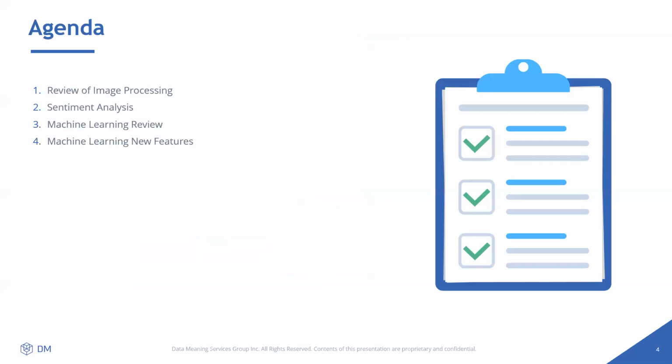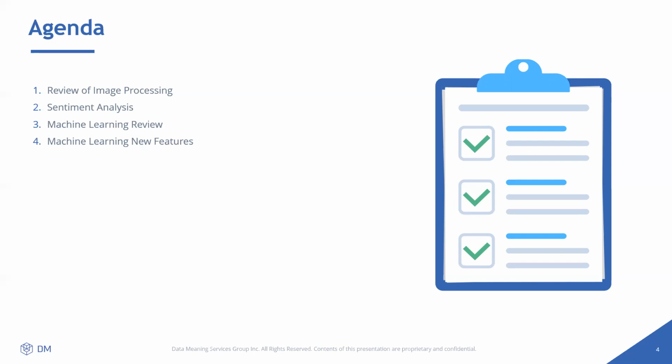All right, so just a quick agenda for what we're going to look at. Going to take a little bit of a review over some stuff that we talked about last week. If you missed last week's webinar, we went over a lot of the base tools that are part of Intelligence Suite. I got some questions, some feedback from that, so I'm going to go back and review a little bit of that as we're moving forward.